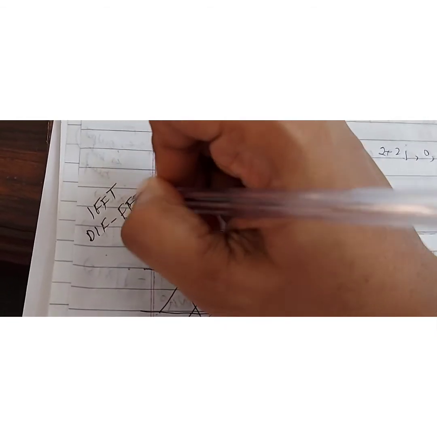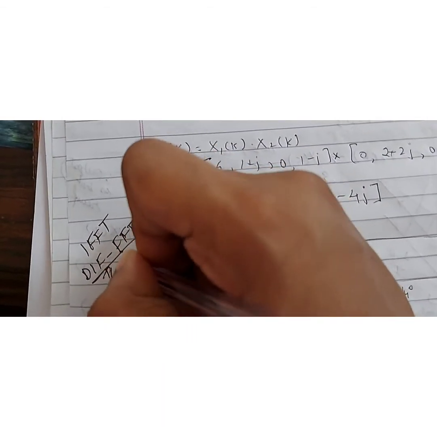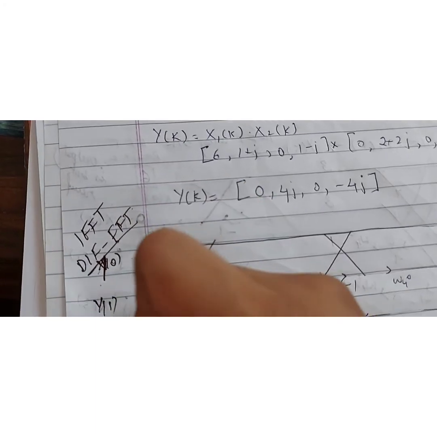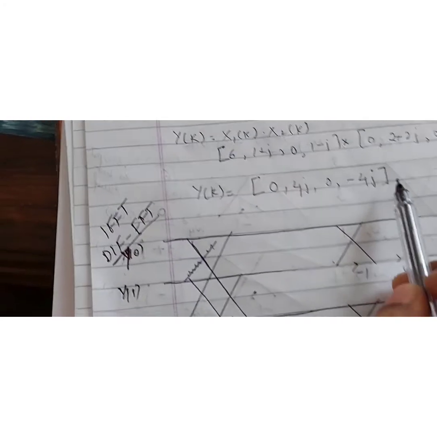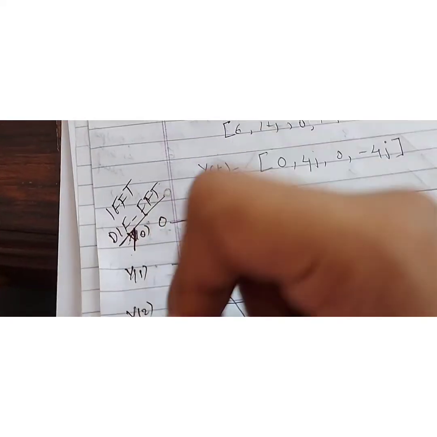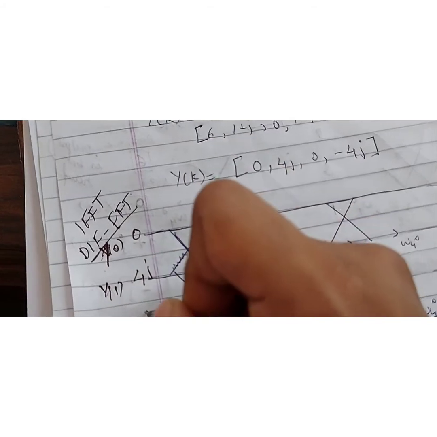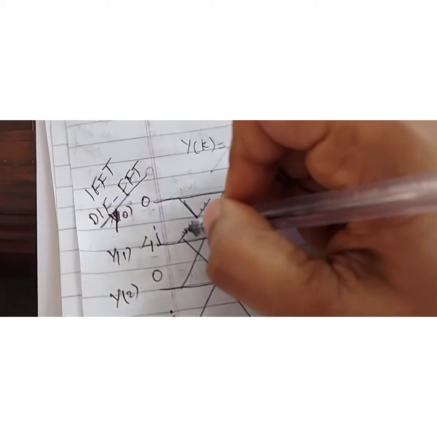FFT radix 2 algorithm. So here the input is in the same order, capital Y of 0, Y of 1, Y of 2, Y of 3. This one you're going to input in the same order, 0. Here it is 4j, 0, minus 4j, and I'm sorry about this line.